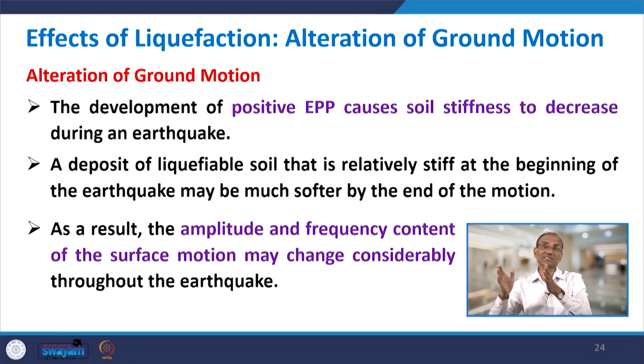Once the effective stress decreases, the shear strength reduces. So, this causes the soil stiffness to decrease. A deposit that is relatively stiff at the beginning of the earthquake may be much softer by the end of the motion. Due to the seismic excitation there will be softening of the soil, meaning the stiffness will be reduced.